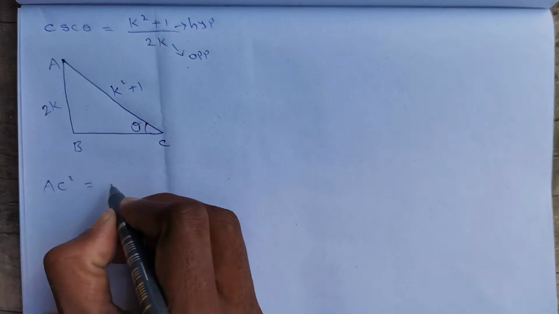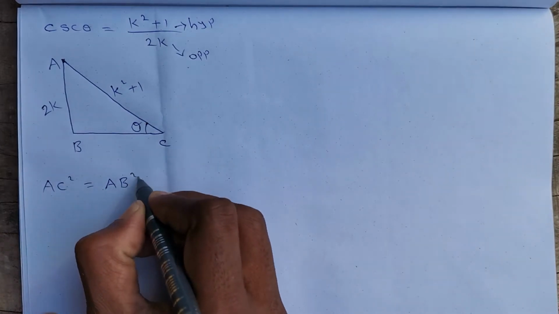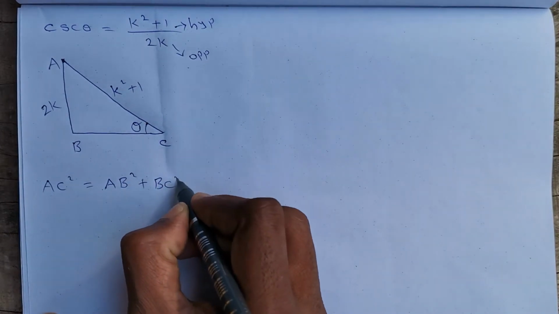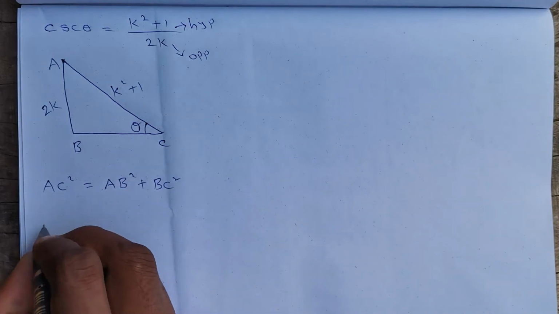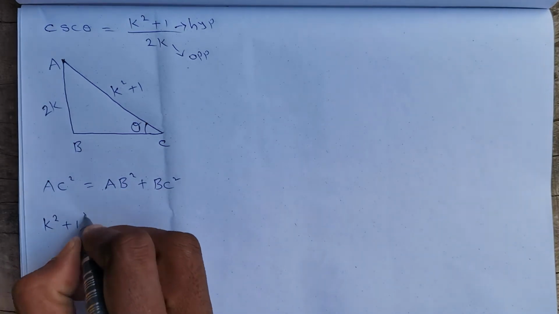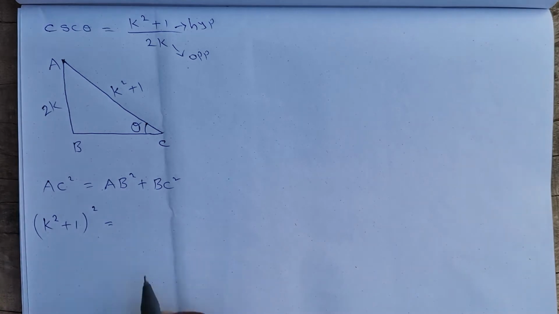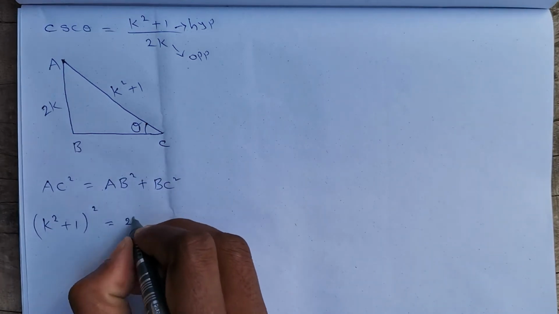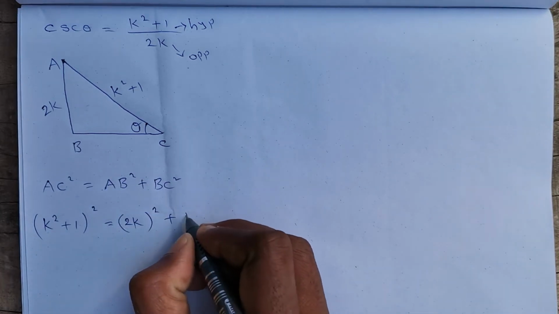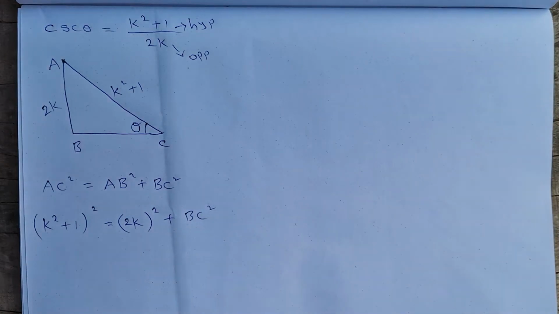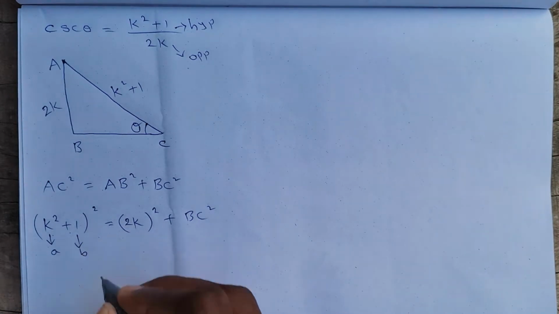AC square is equal to AB square plus BC square. So AC is given as k square plus 1. (k square plus 1) whole square is equal to AB, which is given as 2k, so (2k) square, plus BC square as it is. Now this (k square plus 1) whole square is in the form of (a plus b) whole square, where a is k square and b is 1.